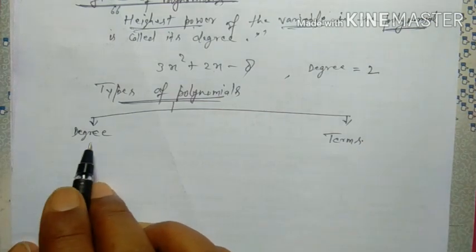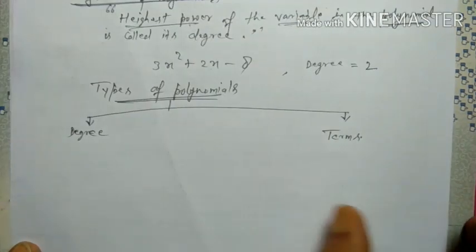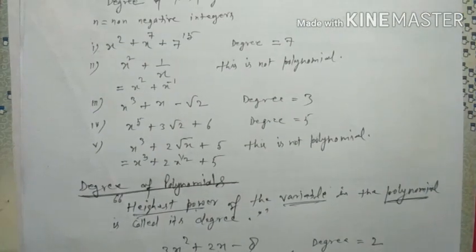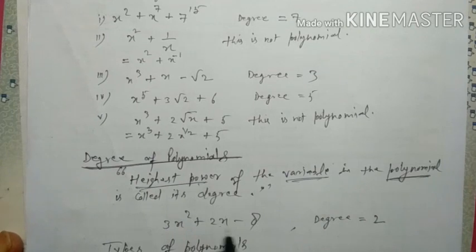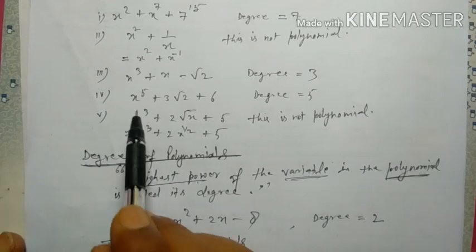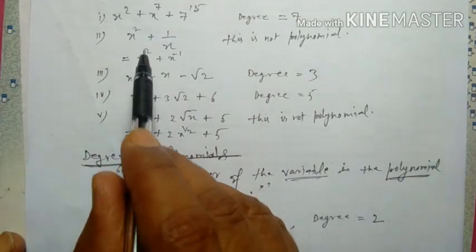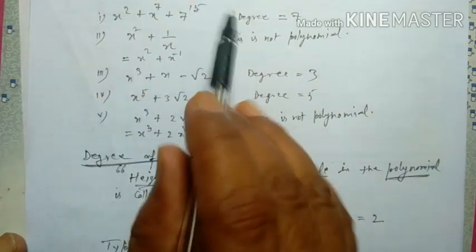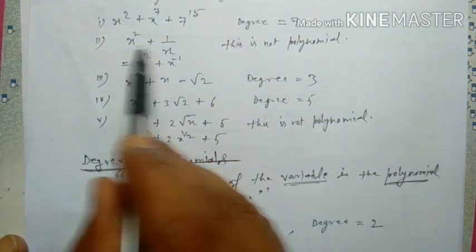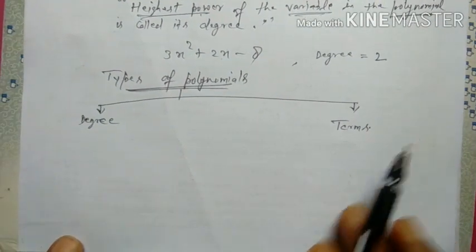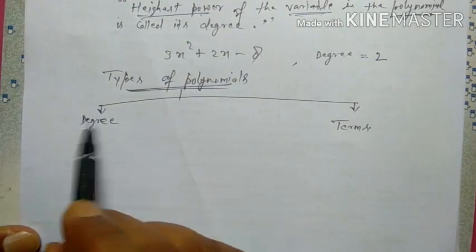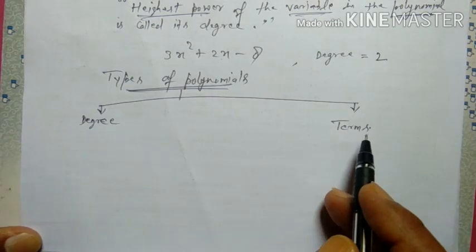Degree is the highest power, and terms are, for example, in this expression there are 3 terms, 1, 2, 3. In this there are 2 terms, there are 3 terms, and these are the terms. So we will study the types of polynomial on the basis of degree and on the basis of terms.